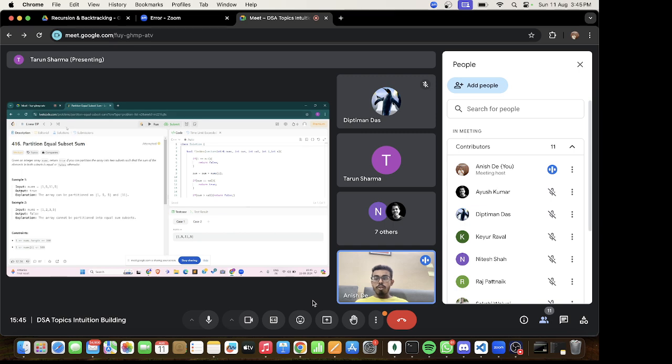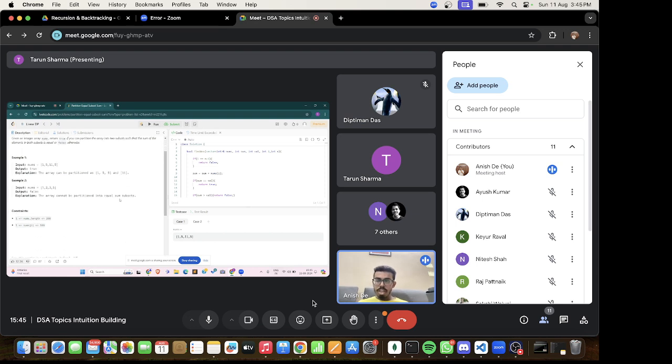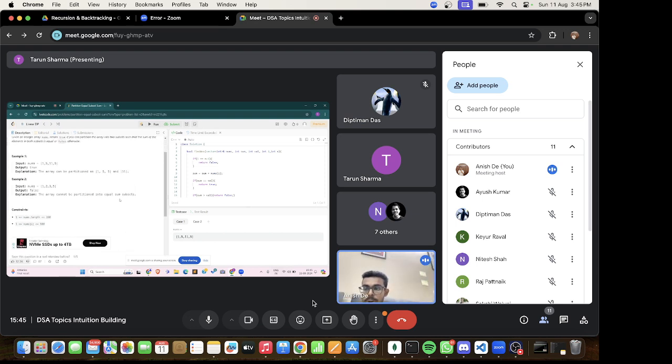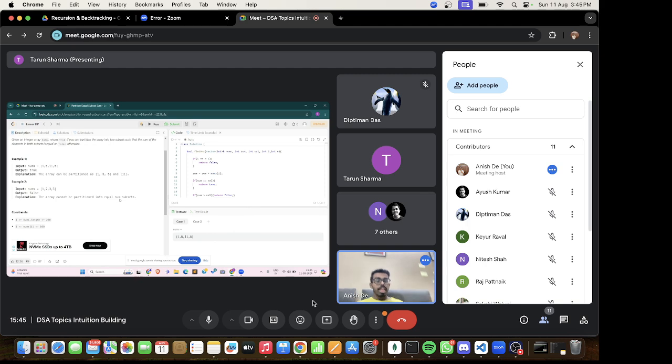Also, one more thing, if you go to the constraints part, here you see that the number of lengths is 200. What I'm trying to say is that you should not look at the constraints for deciding how many states you need, but when you are a beginner, you can use the constraints as well to decide how many states you generally need.